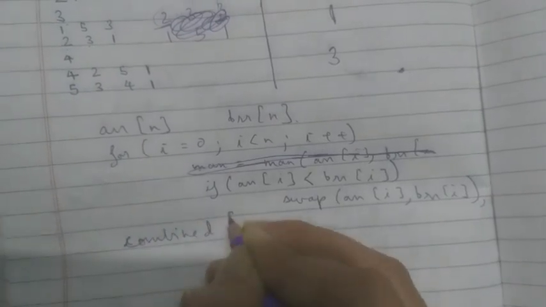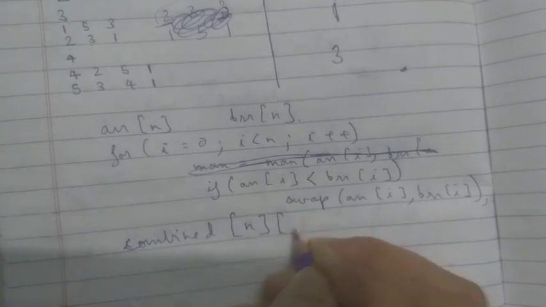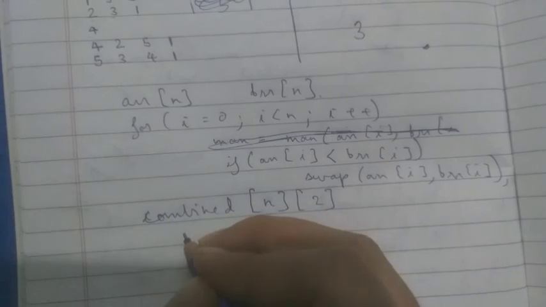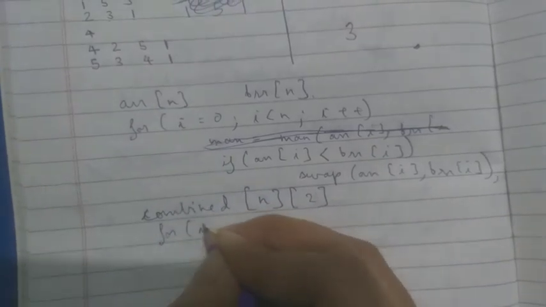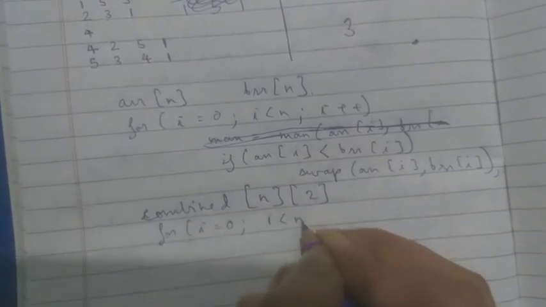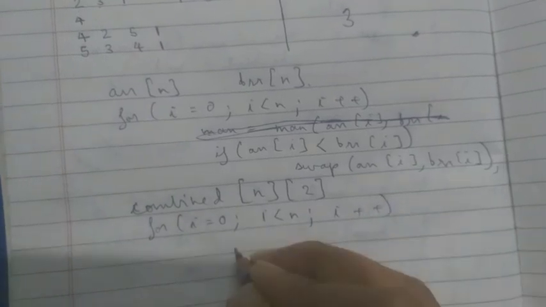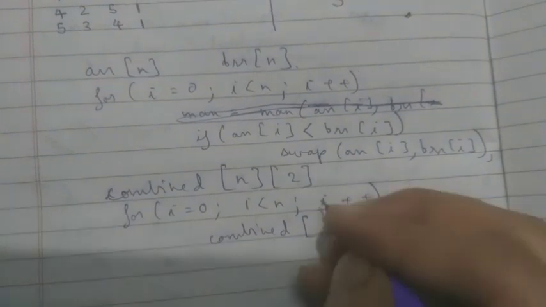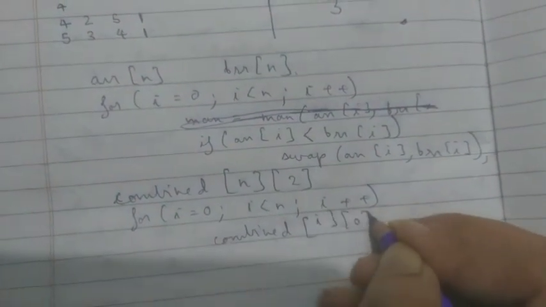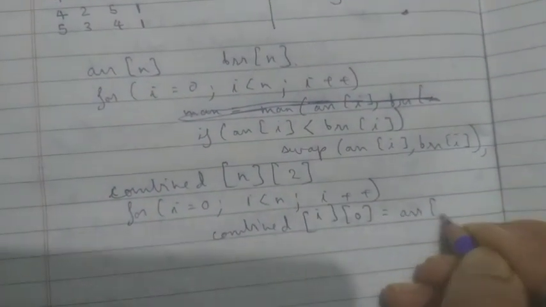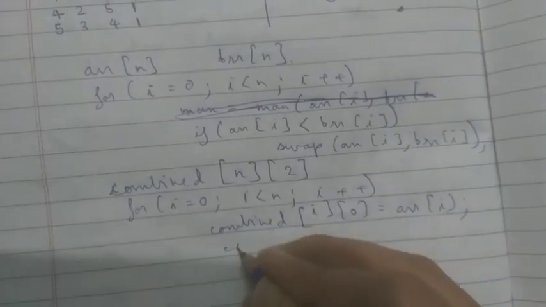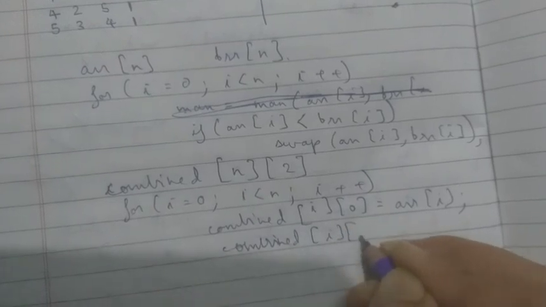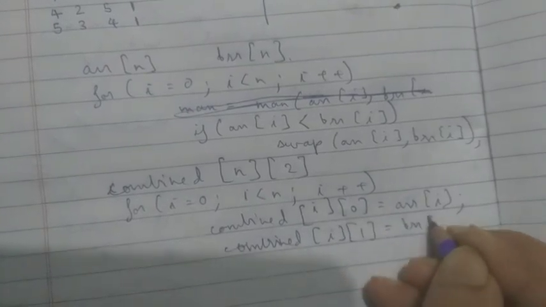Let's call it combined. It's a two-dimensional array of size n by 2. In a loop for i less than n, i plus plus, you fill combined: combined of i of 0 is equal to ARR of i, and combined of i of 1 is equal to BRR of i.